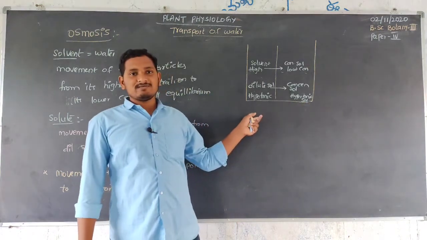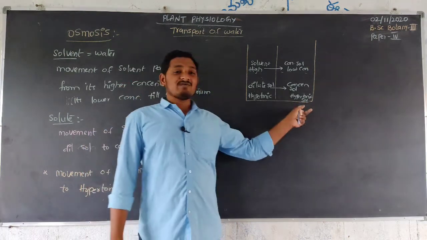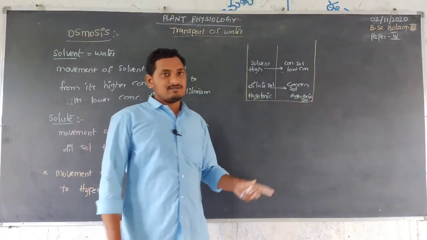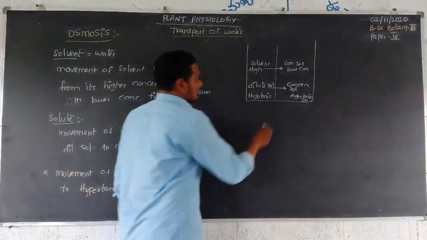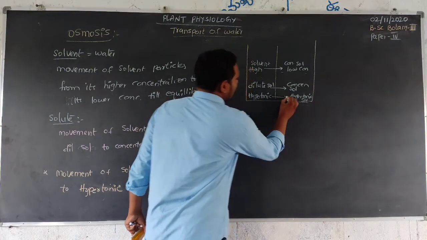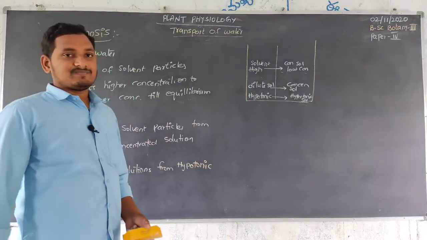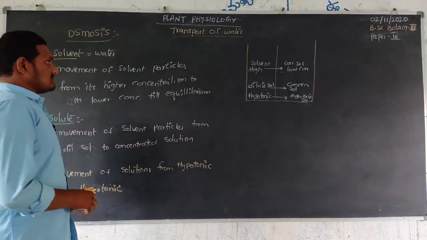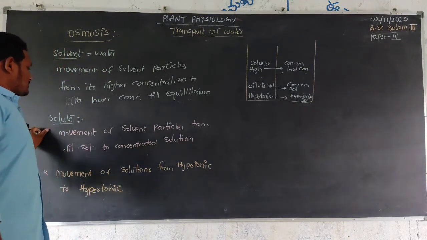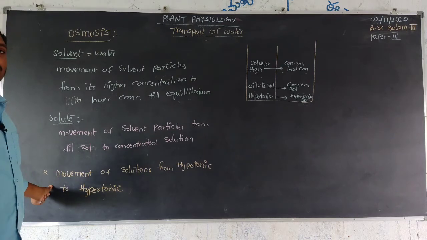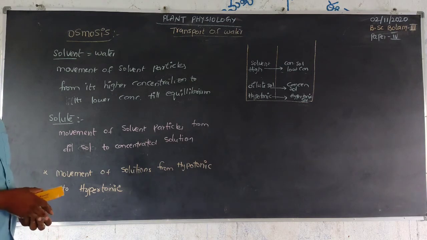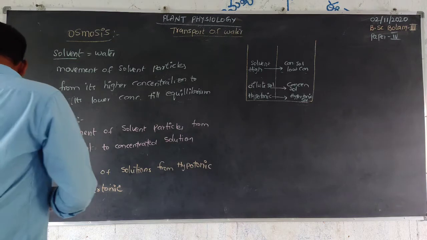High water molecules means high concentration, fewer water molecules means less concentration. So the water moves from higher concentration to lower concentration, so hypotonic to hypertonic. These are the definitions in terms of solvent, solute and solution, and hypotonic solutions.